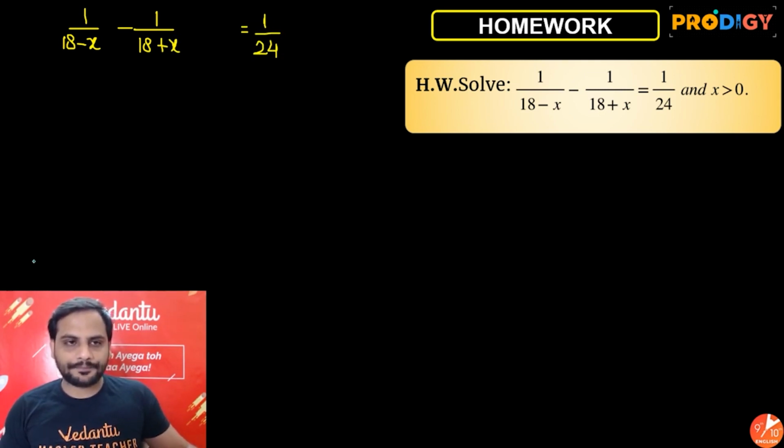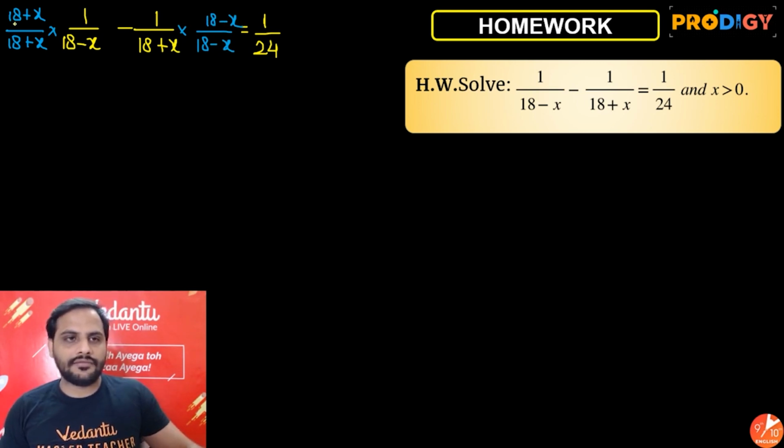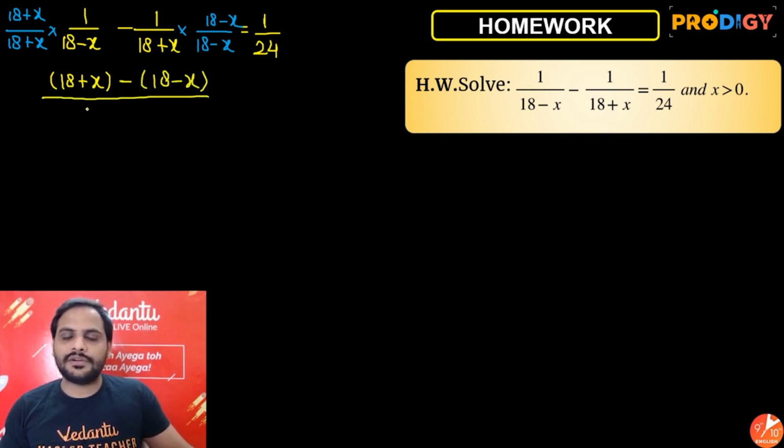So here I'll multiply with 18 plus x, and here I'll multiply with 18 minus x. All right, so now we are left with 18 plus x minus 18 minus x divided by 18 plus x into 18 minus x.